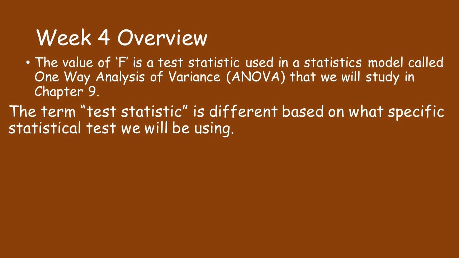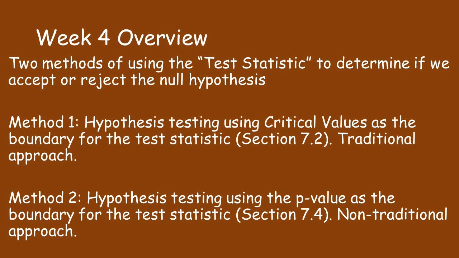Now, there are two methods for using the test statistic to determine if we should accept or reject the hypothesis. Method 1, the hypothesis testing uses what's called critical values as the boundary for the test statistic. Sometimes this is called the traditional approach.